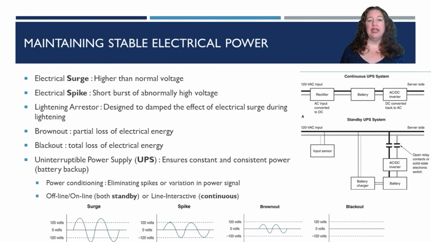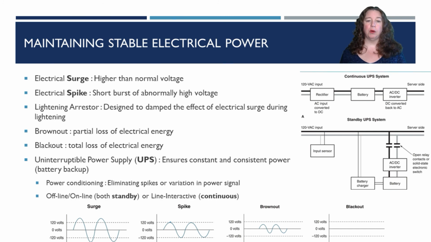UPSs can be either standby or continuous. So we can have an offline or an online standby, or we can have a line interactive continuous. When we have our standby UPS, it is not actively connected to your power source. It has a relay that is turned off unless power fails.